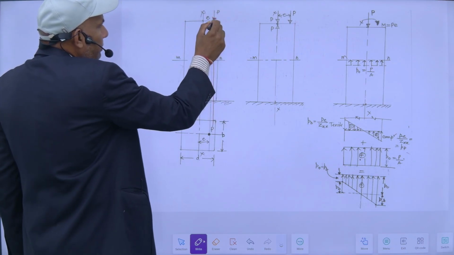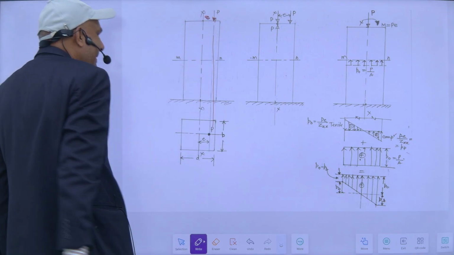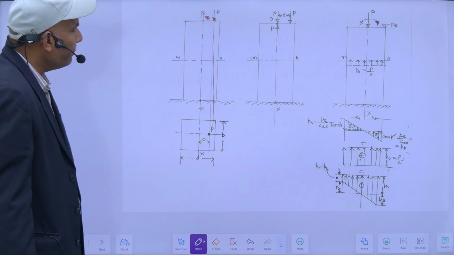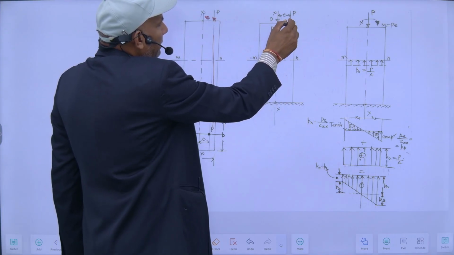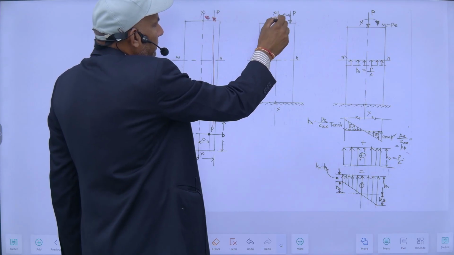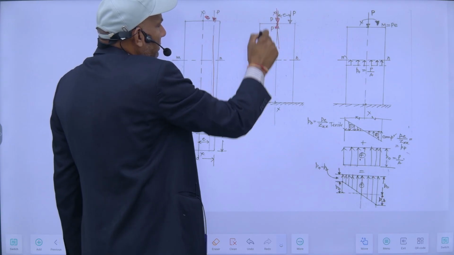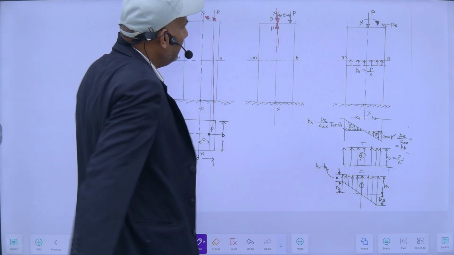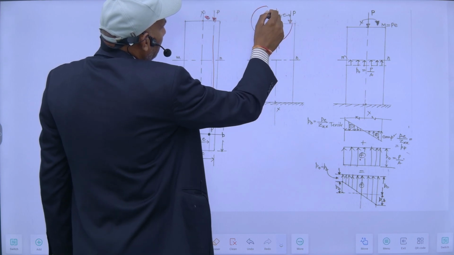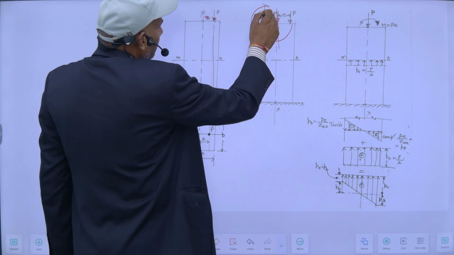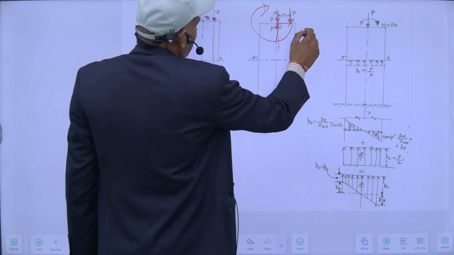The distance between the line of action of the load and this centroidal axis is called small e, meaning eccentricity. Suppose I apply an equal and opposite amount of load here, this P. Then what happens? Because of this load and this load, there will be a moment, because of this lever arm.